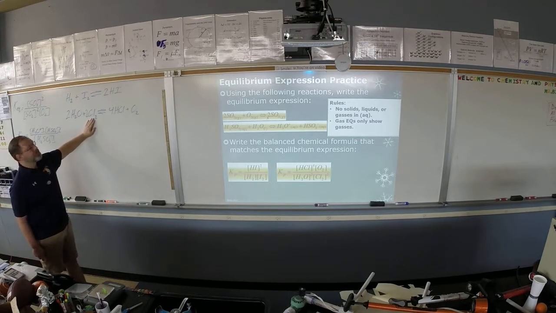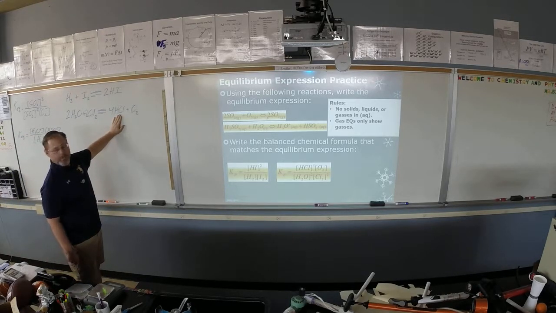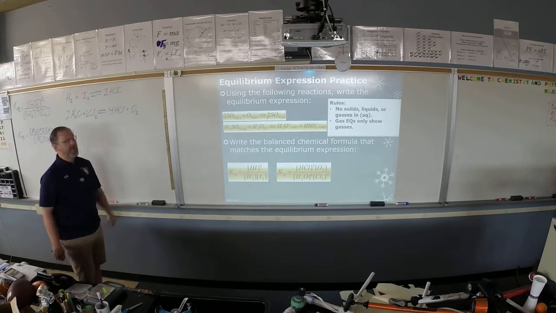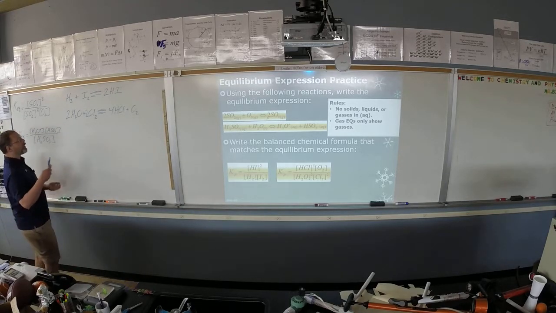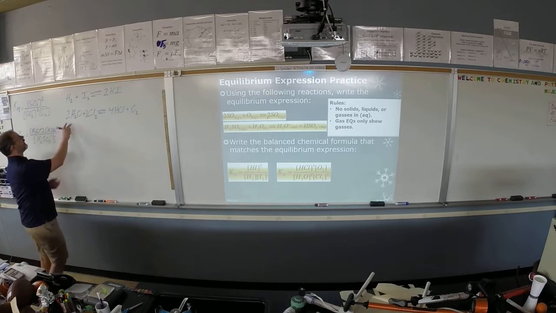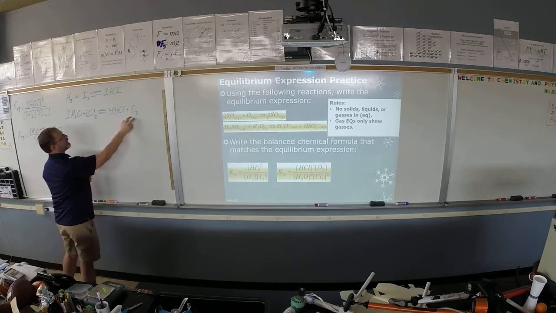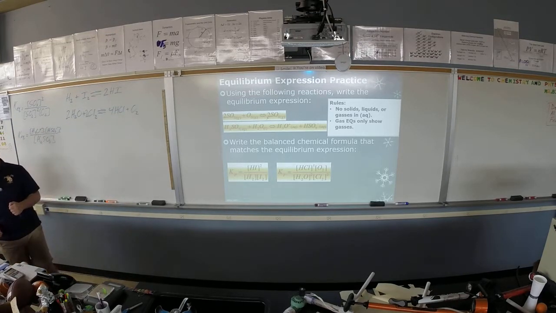The Cl2 is raised to the second power, so it gets a 2. Hydrochloric acid gets a 4. This is raised to the fourth power. O2 doesn't have a power, so it's all by itself. And we can always check our work, because not only should they match, they should also balance. 4 hydrogens, 4 hydrogens, 4 chlorines, 4 chlorines, 2 oxygens, 2 oxygens, and it's balanced.